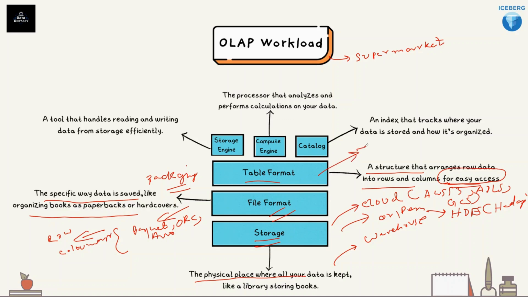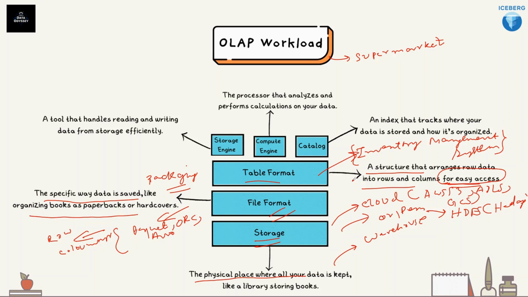So you have the inventory management system within any supermarket. I'm sorry for my bad handwriting. I'm just trying to learn how to write on this digital writing pad, right? Yeah. So a table format is similar to any inventory management system.